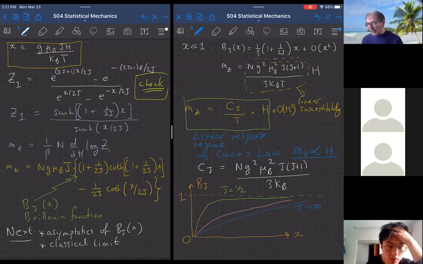Now, why is this useful? Well, we already know what the values of J are because we worked them out last time for the different paramagnetic salts, and so we can actually compare the data for these particular salts with these predictions.